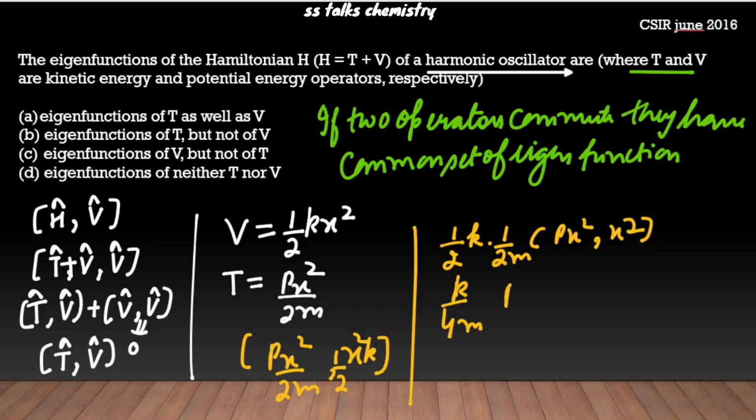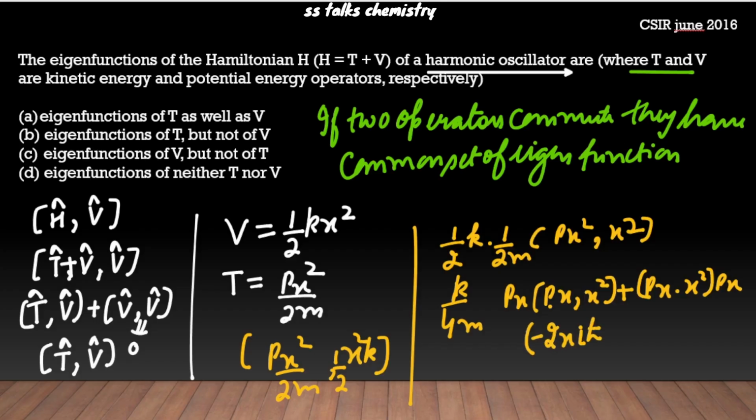Now this commutator will be px, with px commuting with x square, plus px commuting with x square, the px being applied outside. The commutator of px with x square is equal to 2x into minus iota h cut. The px that was already present outside, plus again minus iota h cut into 2x, and after this the px.